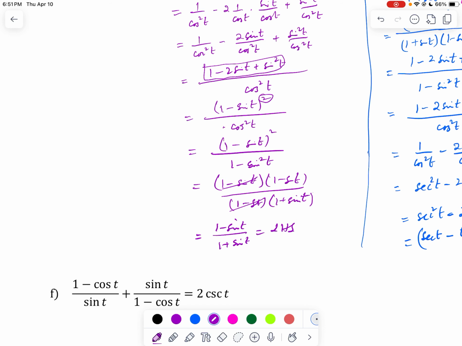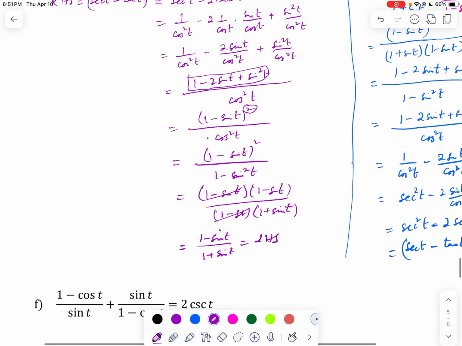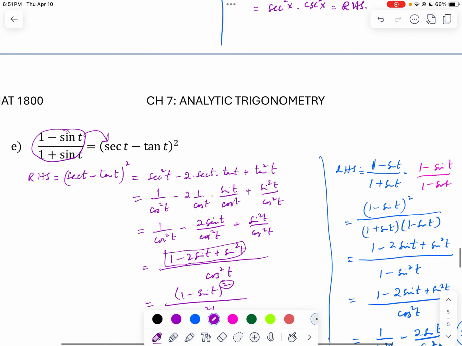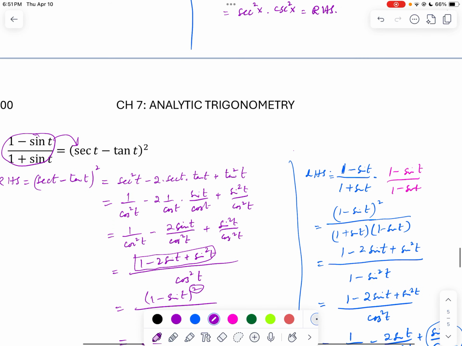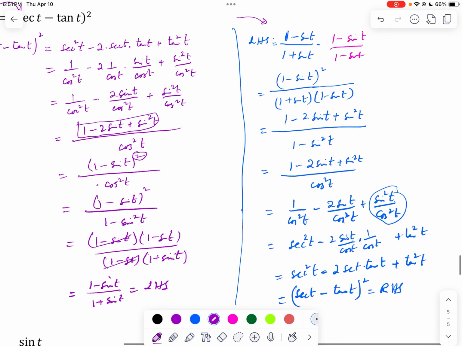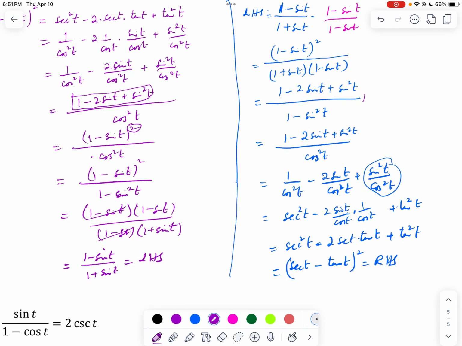For example, in this one, especially on the right hand side, once I got here, after this step, what if I change this to 1 minus cosine square t? Would that help? We could have done that, right? But that wouldn't have helped.